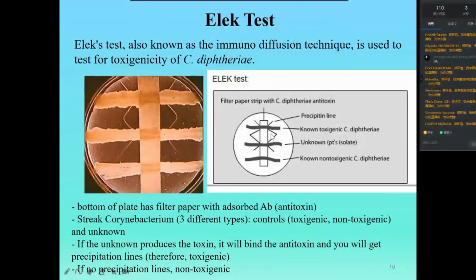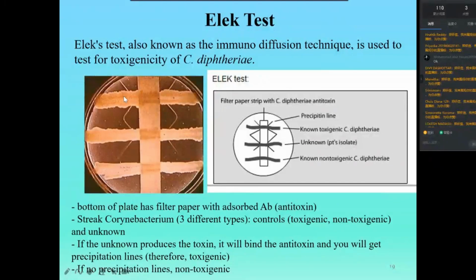So there is a cross of the bacteria with the antibody, antitoxin. If the bacteria can produce toxin, the toxin will react with the antitoxin. You will see the precipitation line. So this line is the complex of antibody and toxin. So we call this a precipitation line. And you can actually see the line of precipitation.